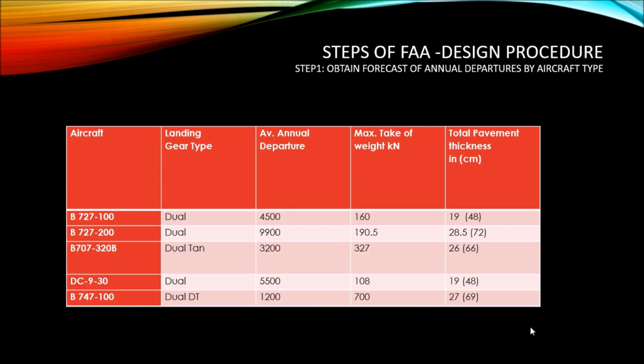For the first one, the aircraft is of dual type, the annual departure is 4,500, and the maximum takeoff weight is 160,000 pounds.